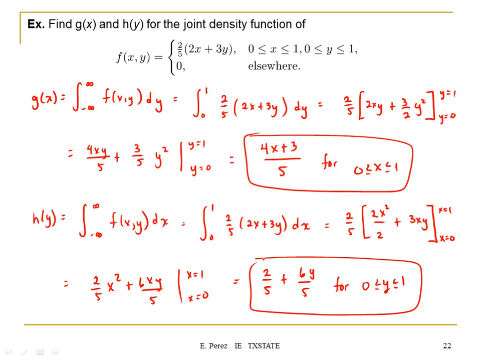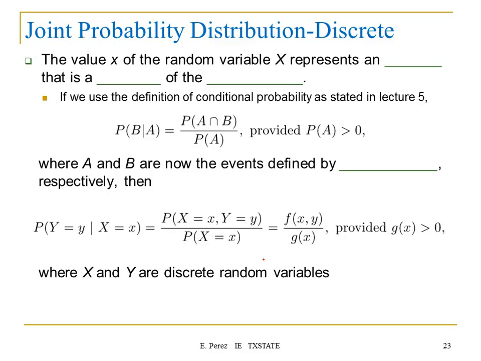Now, you remember the conditional distribution concept? Let's talk a little bit about that. For joint probability distributions, we can also have joint conditional probability distributions. The value of the random variable x represents an event that is a subset of the sample space.